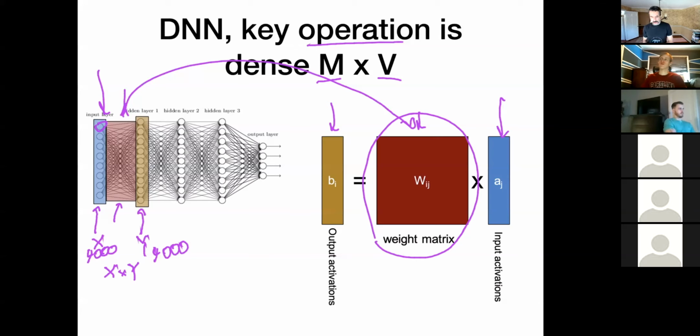And you need to do the dot product, right? So you have this and you have this, you do the dot product to create the first one, right? So essentially you're doing 16 million multiplications, which is a lot, right? So this is very, very expensive.